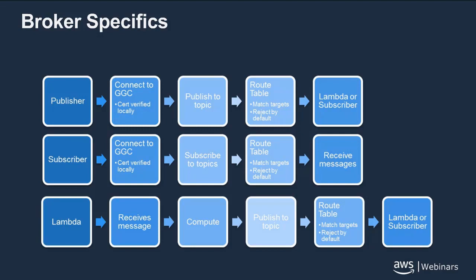And then the same is true for the next line, which is my subscriber. Everything follows the same pattern. The subscriber connects, the certificate is verified locally, it subscribes to topics, and then if there's a match in a route table to send a message to that subscriber, the subscriber will then receive the message. And then we have Lambda doing the same thing. Lambda sits waiting for messages where it can do compute operations and publish data back out.